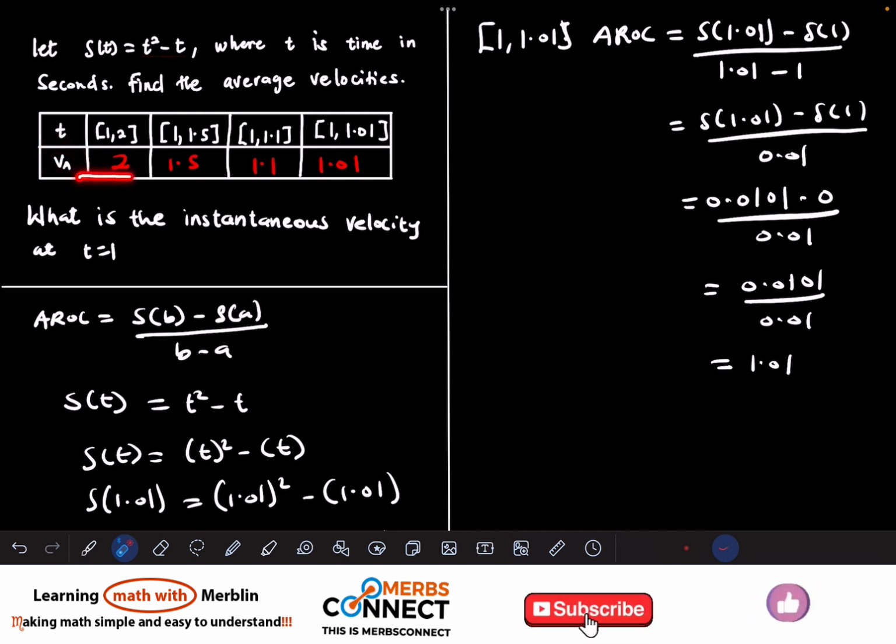The average velocity is actually approaching 1, because at this point, when I find the approximation of this one, it's just 1. So we can see that if we even pick a value like 1 and 1.00001, you will see that this one will be like 1.00001, which is approximately 1.